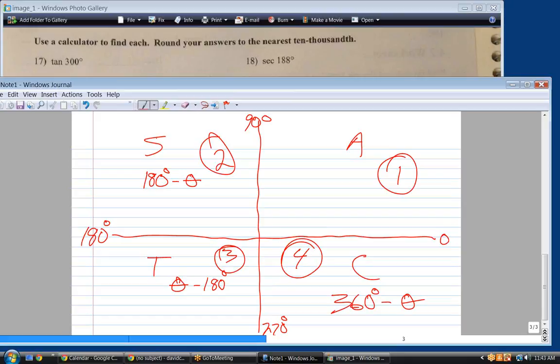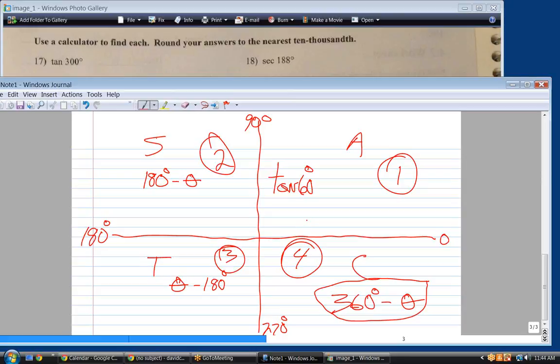In quadrant 4, we're going to use this formula right here. What is the equivalent first quadrant angle that we're interested in? 360 minus 300. So 60. So the next step is, what is the tangent of 60?